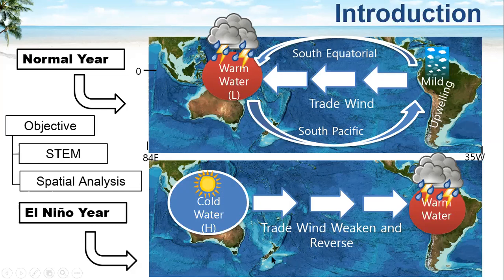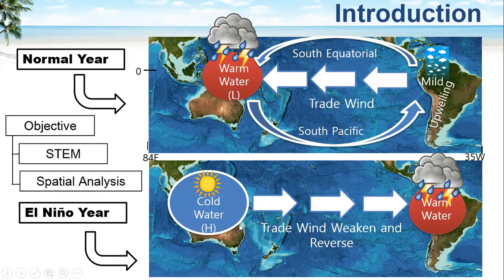So here the warm surface temperature is moving toward the south, and it might lead to warm water in South America.